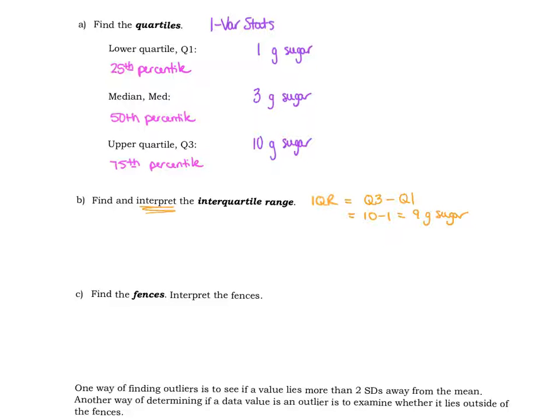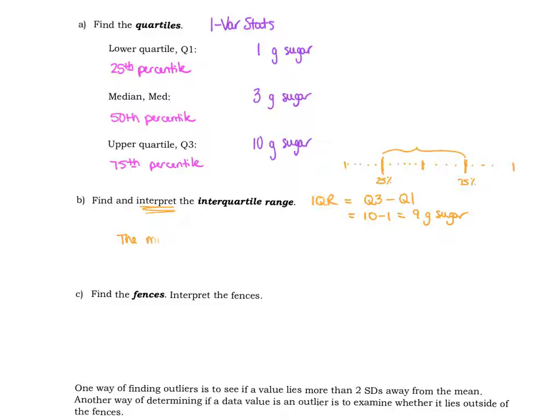And it does say and interpret. So I want you to think about, if you've got those data points all lined up, and we've got the 25th percentile, and we've got the 75th percentile, and here's the 50th, and here's the bottom value, and here's the top value. What I want you to consider is what percent of the data falls between the 25th and the 75th percentile. That literally means the middle 50%. So that comes into our interpretation.